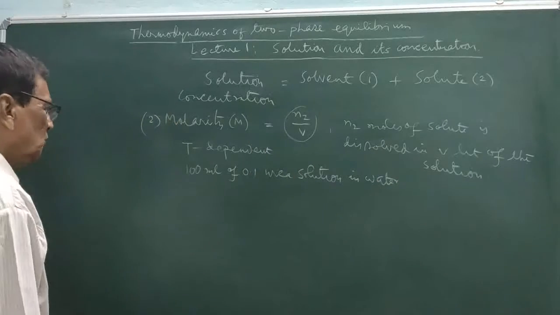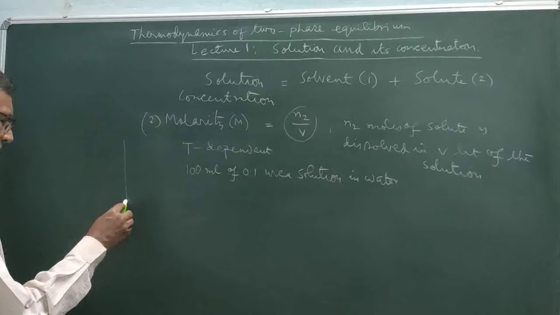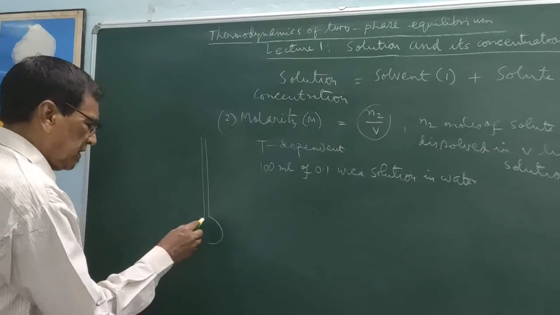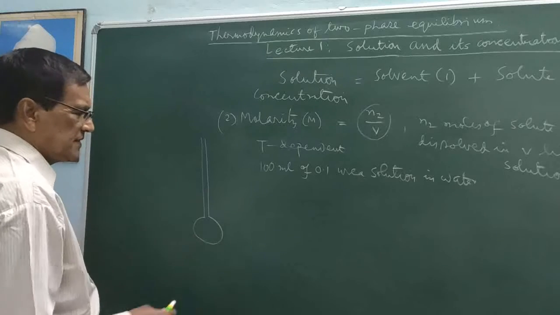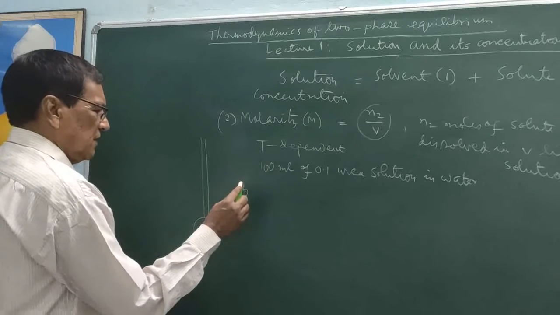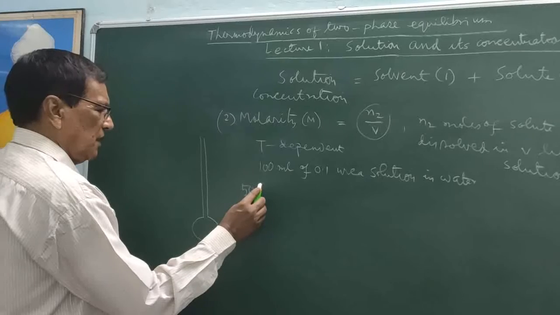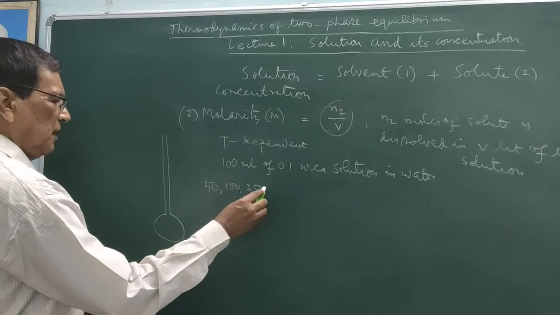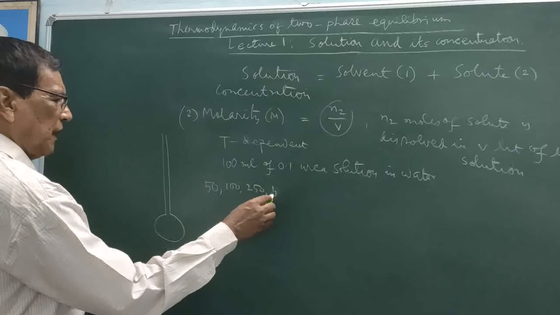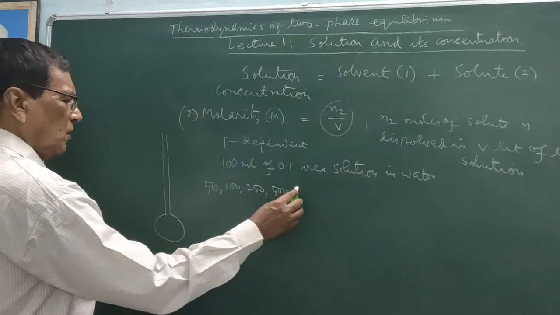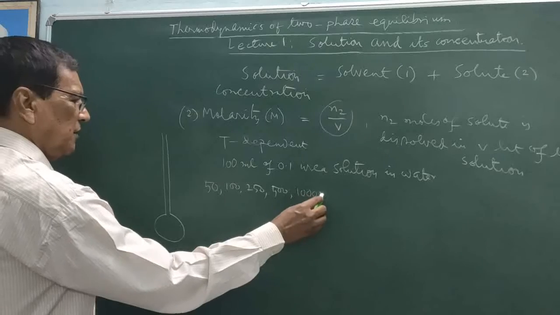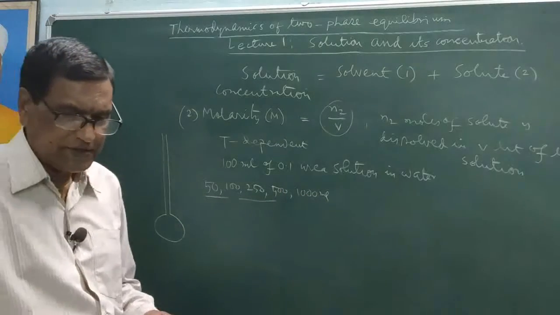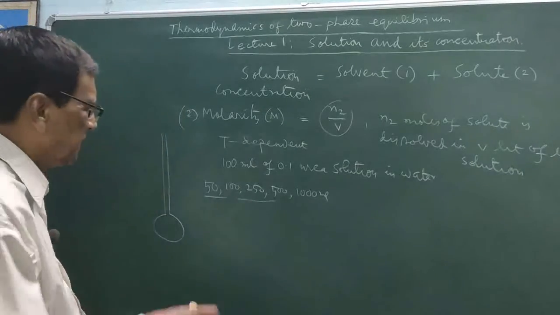We have to take a long neck volumetric flask. There are so many volumetric flasks ranging from 50 ml, 100 ml, 250 ml, 500 ml, or 1000 ml, etc. These are the types of volumetric flasks used in the laboratory.